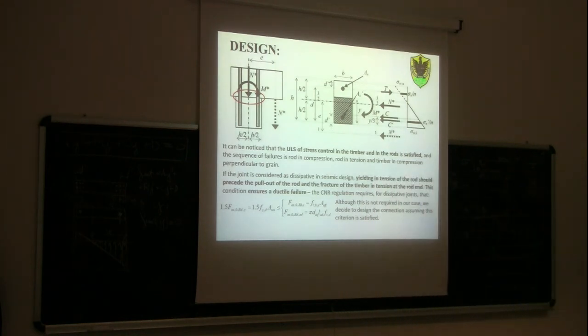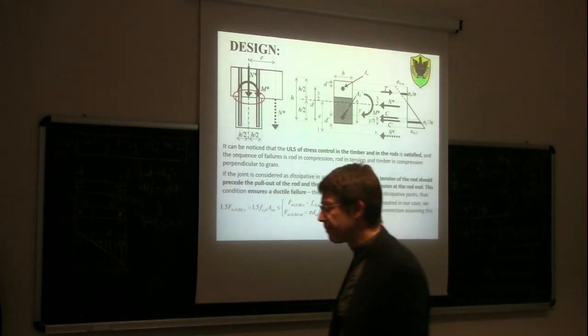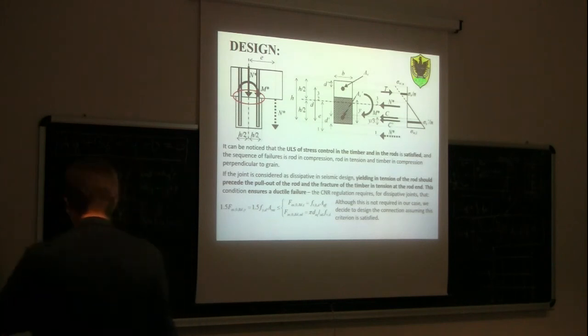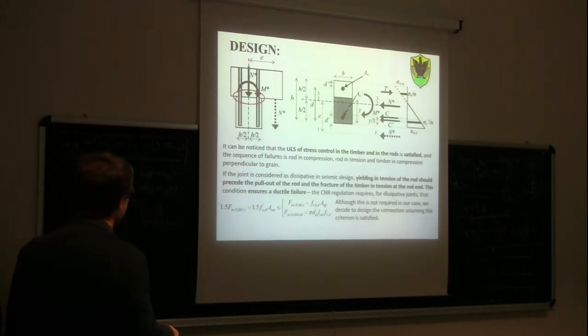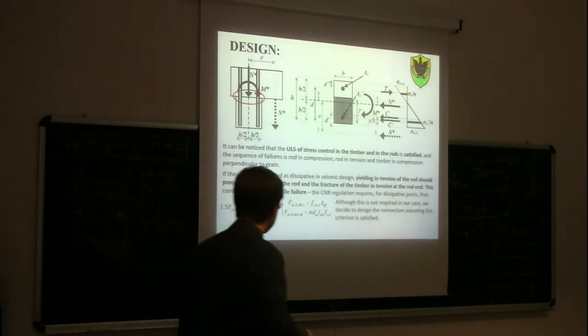Now, in any case, if possible, it's better to ensure that the yielding of the rods, also the buckling of the rod in compression, will occur before these other two failure mechanisms that are very brittle. So the two very brittle failure mechanisms are failure in tension of the wood, this one, and failure of the bond.